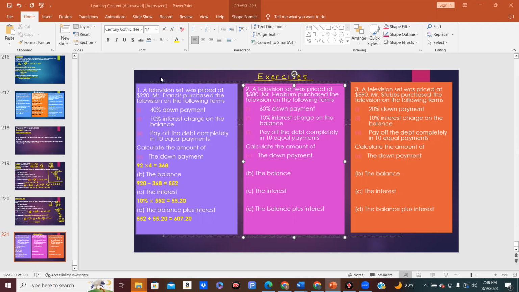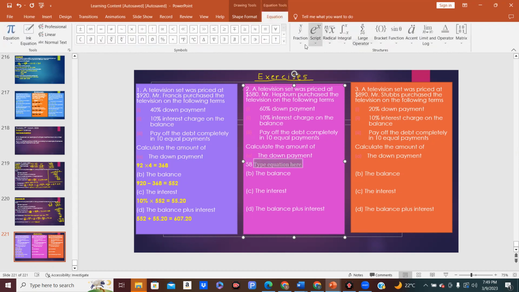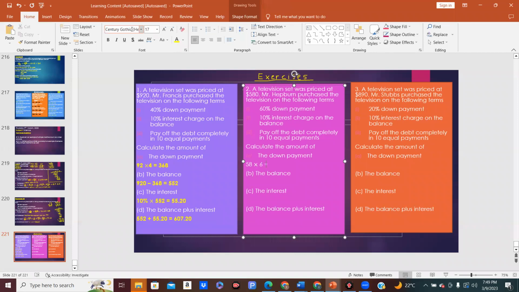So it's basically 58 multiplied by 6. That's correct. 58 multiplied by 6 is 348.